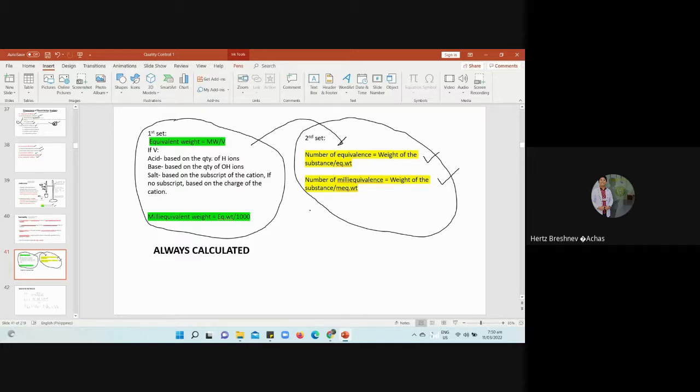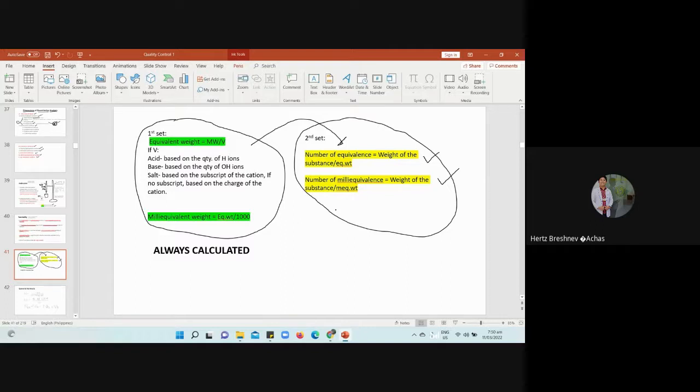In other words, the number of milliequivalents or equivalents tells how many molecules are present in that specific volume or weight.